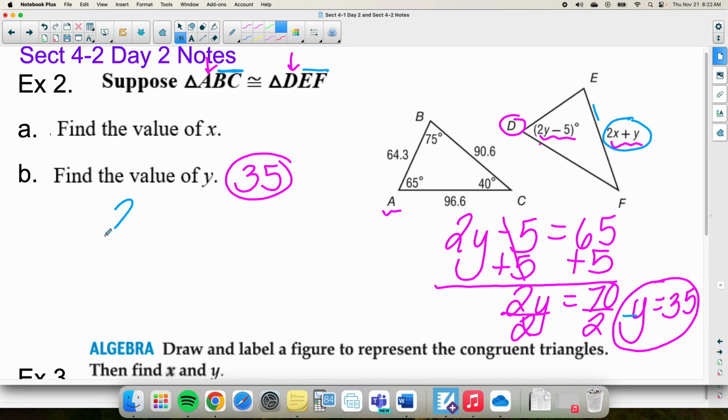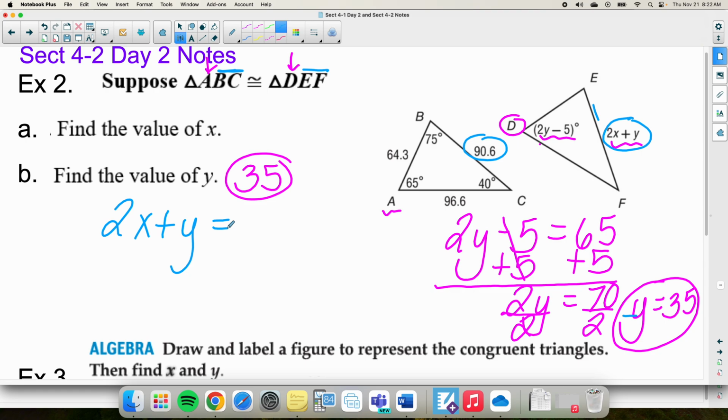So 2x plus y, which is our EF, is going to equal BC, which is 90.6. So EF and BC are equal because of this congruent statement.